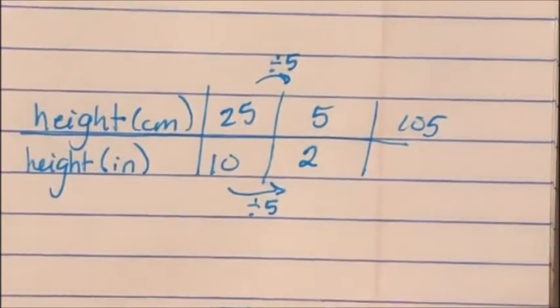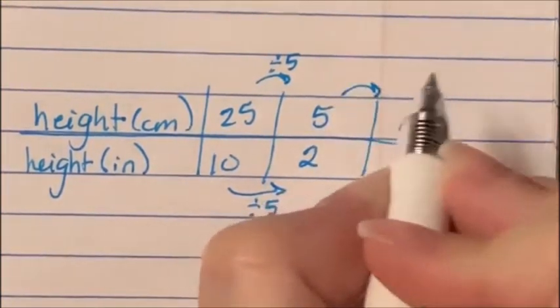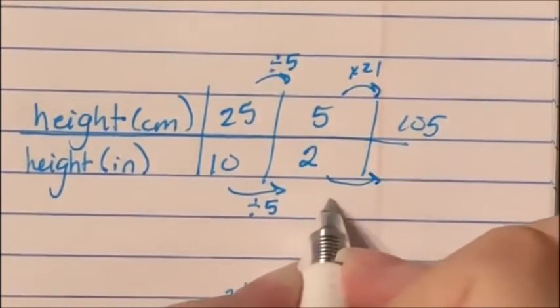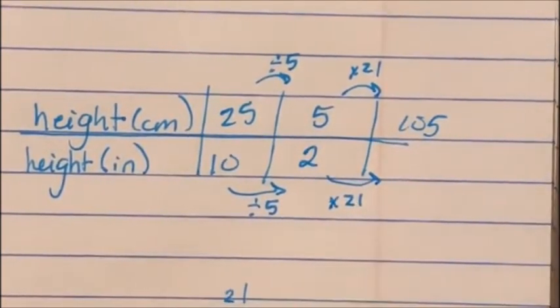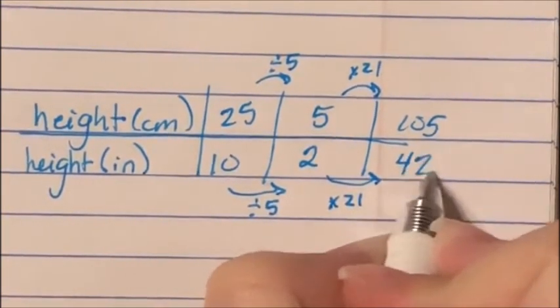Okay. So 21 gives me 105. So I can multiply by 21 here, by 21 here. 2 times 21 gives me 42.